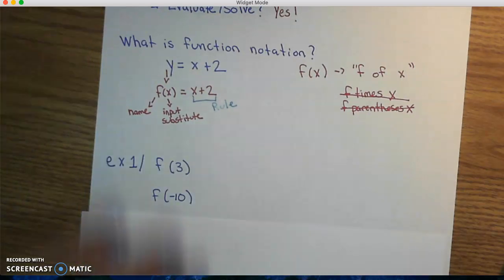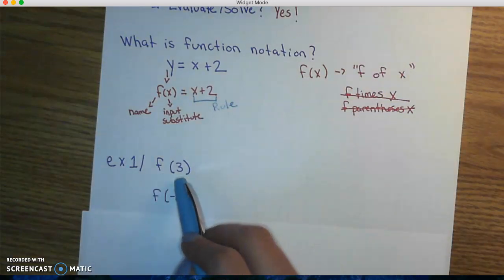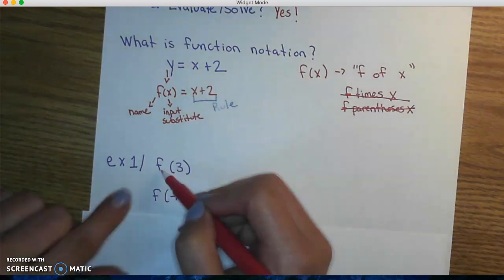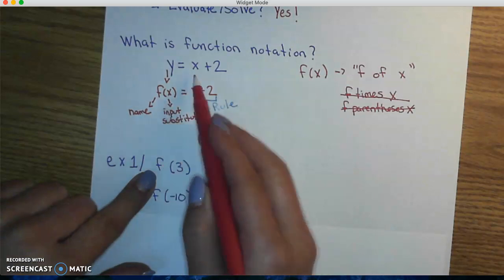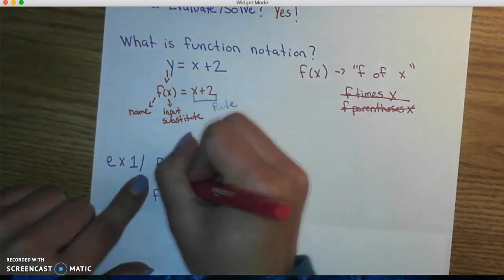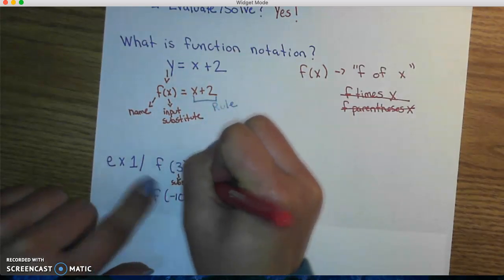So, f of 3. Based on what I have up here, I'm using f. That's the name of my function. I'm going to use this rule. What is my input? What am I going to substitute? I'm going to substitute 3.